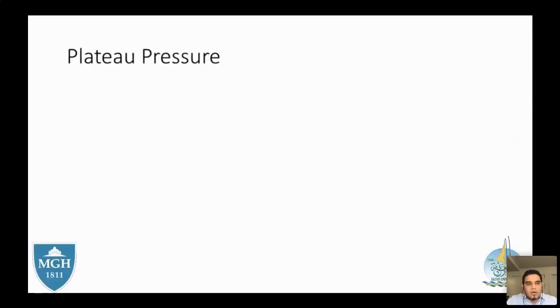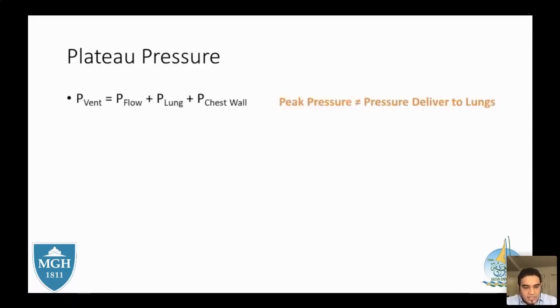All right, so what about the plateau pressure? Regarding the plateau pressure, the flow and pressure delivered to the patient. When ventilating a patient, we are interested in limiting the pressure delivered to the patient to prevent barotrauma.